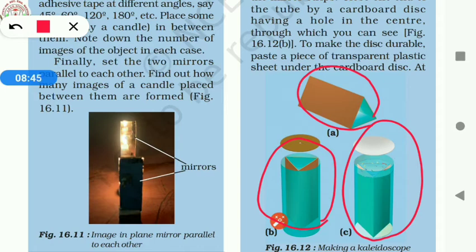Close this end of the tube by a ground glass plate. Allow enough space for the colored pieces to move around. Now your kaleidoscope is ready. When you peep through the hole, you can see a variety of patterns in the tube.